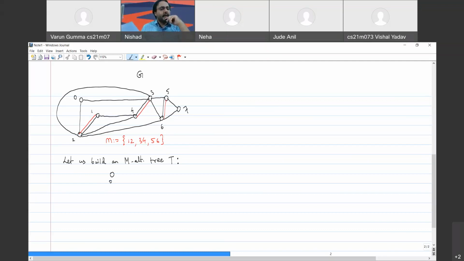Before we proceed, can somebody tell me by observation, do you see an M augmenting path? Does anybody see an M augmenting path here? Just to get a sense of what we are expecting. Yes, 0, 2, 1, 4, 3, 6, 5, 7.